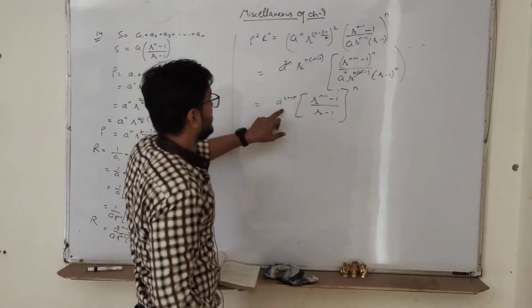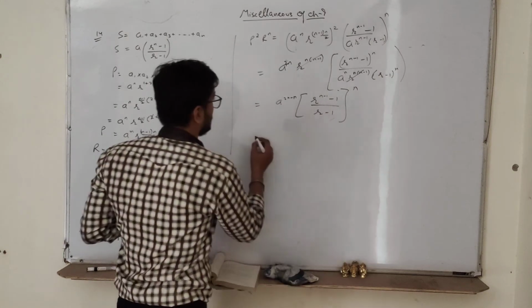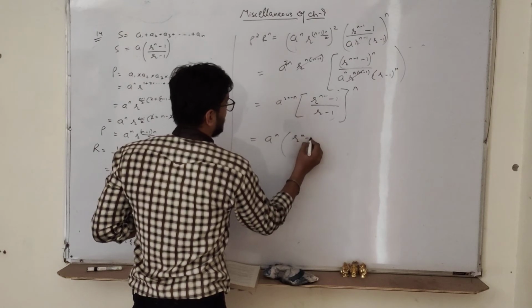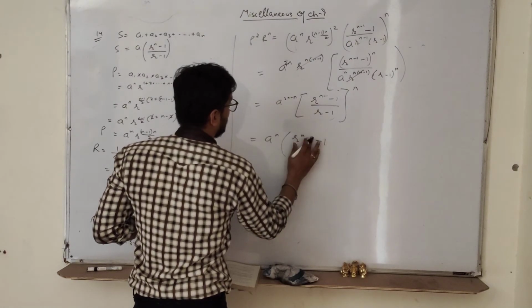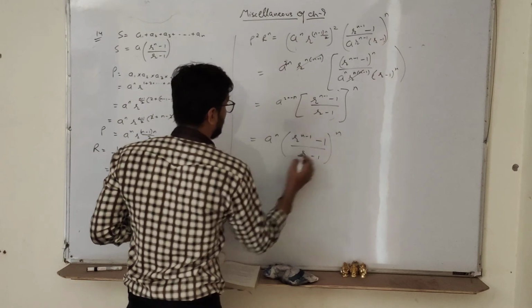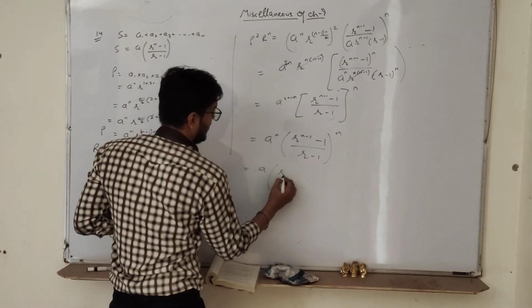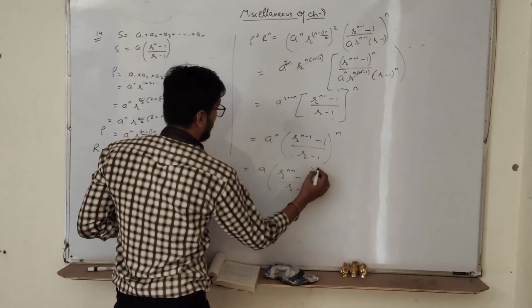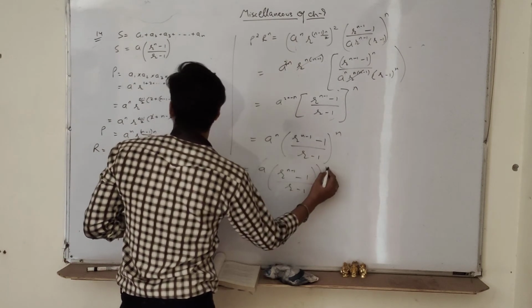And this we have simplified using laws of exponents. So this is what A raised to the power n, R raised to the power n minus 1 upon R minus 1 raised to the power n. So this is what A R n minus 1 upon R minus 1, whole power n, right.